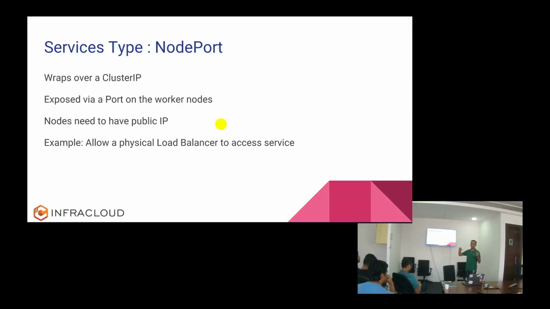There is a port which can be specified by a user, or Kubernetes can choose that port by itself if it is not provided, and then on that port the service is exposed. You can directly send requests to node colon port and access the service. If your nodes have a public IP, even external applications can talk to your service, or you can also use a physical load balancer to access that service by adding all your nodes and ports as members to a load balancer. So this is how a node port would work.